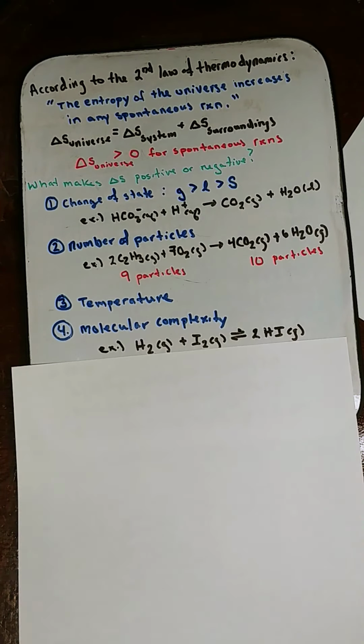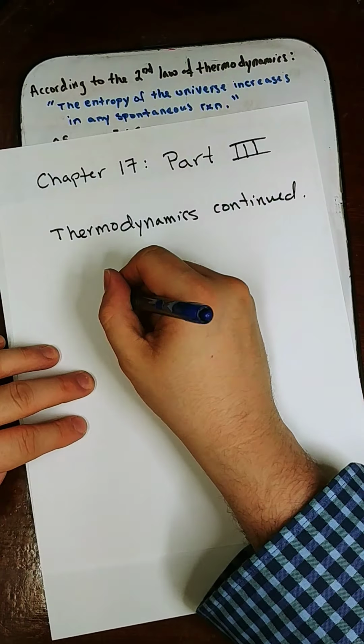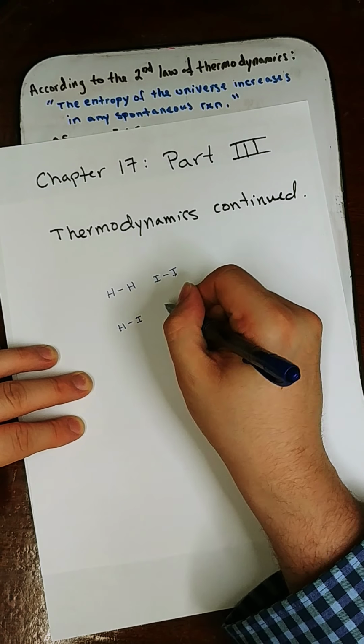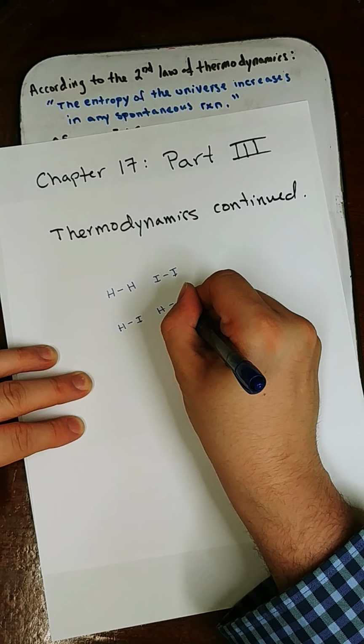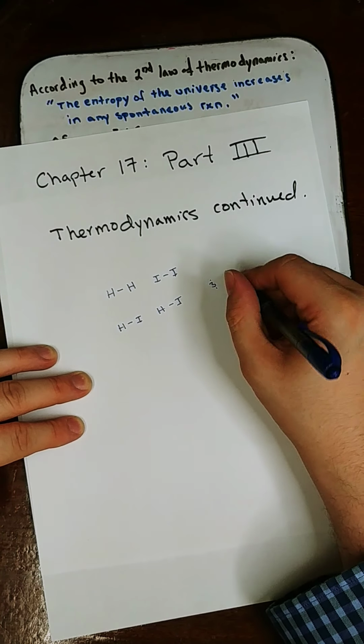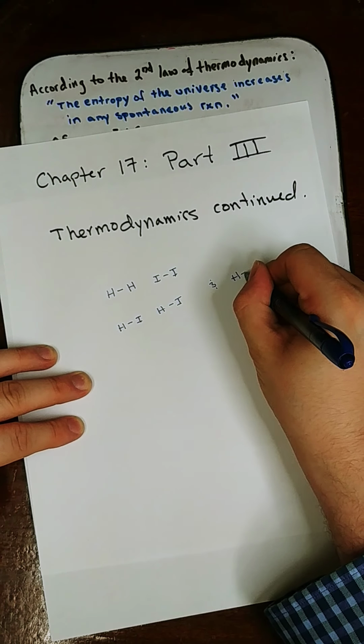So in other words, I could have things like this. So H and I arranged like that. I don't see any difference here, versus I can see a difference between this and this.